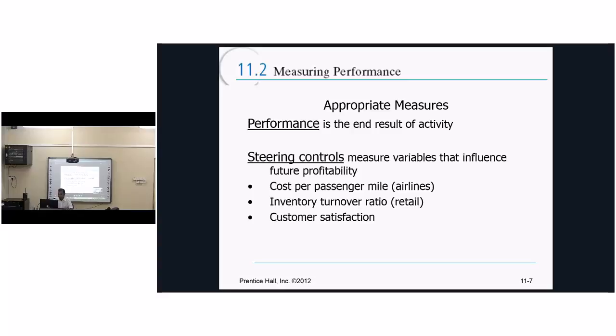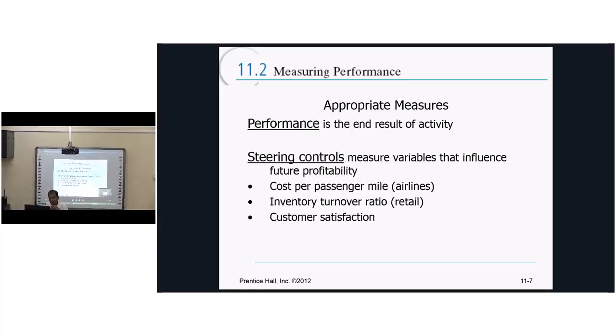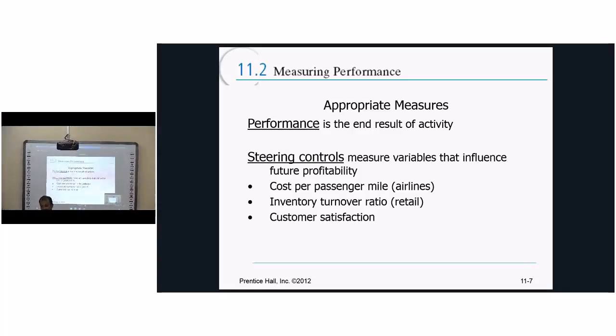Some organizations, as I mentioned to you earlier, have set a certain level of performance criteria. For example, in the airline industry, they measure cost per passenger mile. In the retail industry, they measure inventory turnover ratio. In the service industries, they measure customer satisfaction.